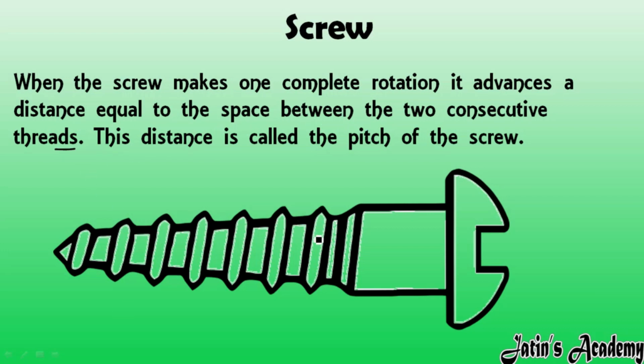Whenever we push the screw into a wall, applying force in a rotational form, one complete rotation is exactly equal to the distance between two consecutive threads. These are the threads.